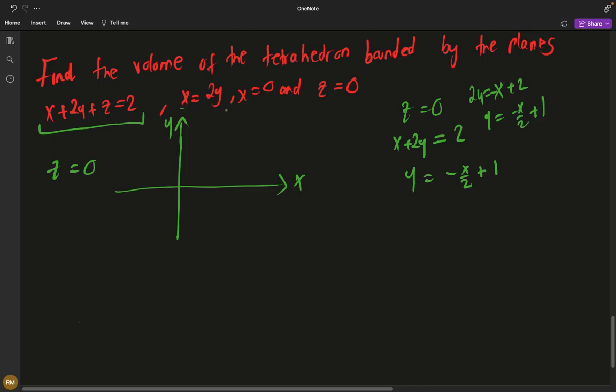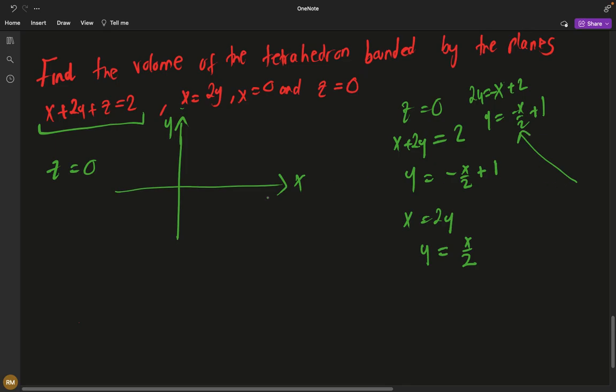And then the second one will be given x = 2y. Therefore, if you want to make y the subject of the formula, then we just have y = x/2, right? And for y = -x/2 + 1, this graph goes like this since it has a negative gradient.